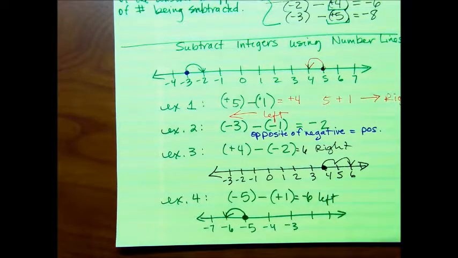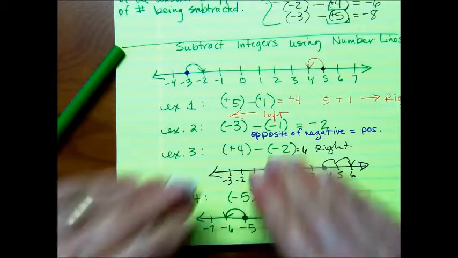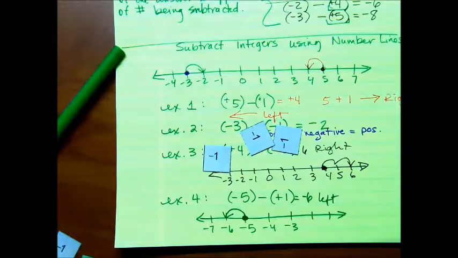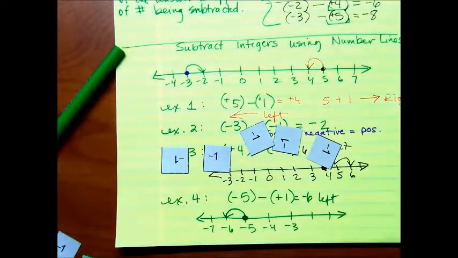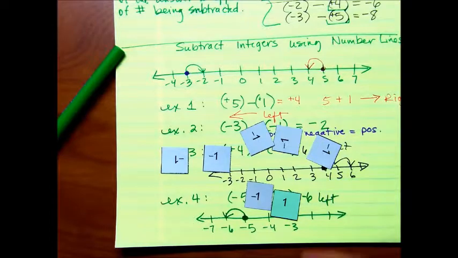Negative 6. And again, if you wanted to think about the tiles, let's say I have 5 negatives. Okay, there's my 5 negatives. I want to take away a positive. I don't have a positive, so I add a 0 pair that brings in a positive into the mix.